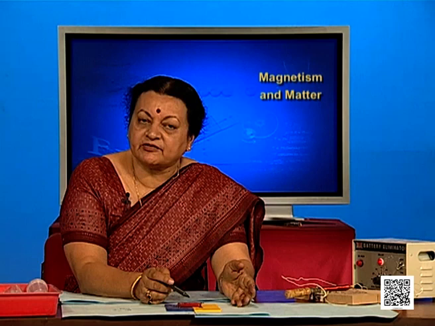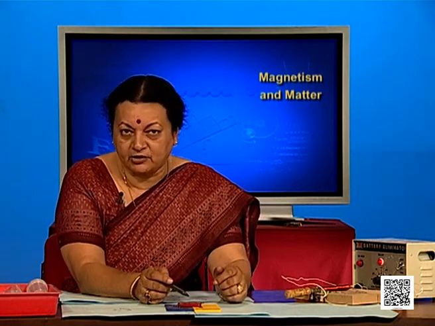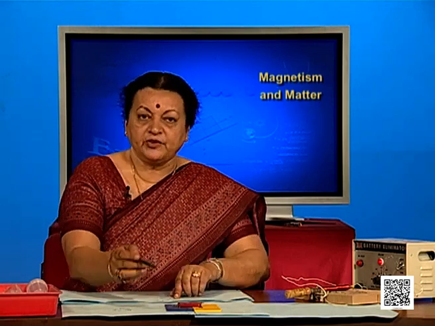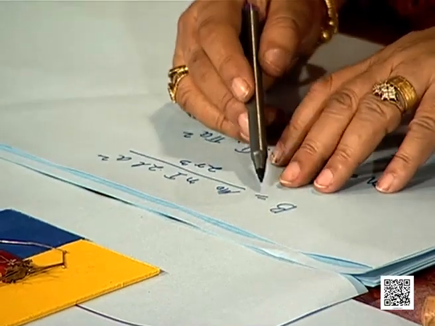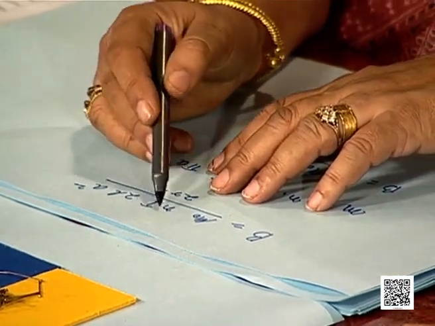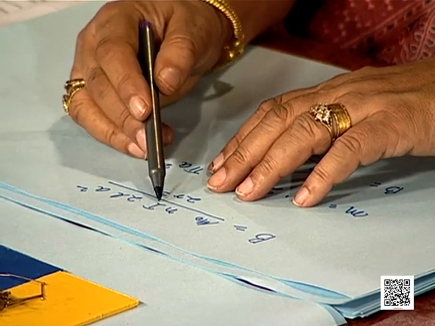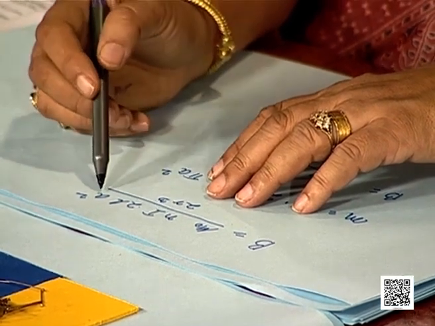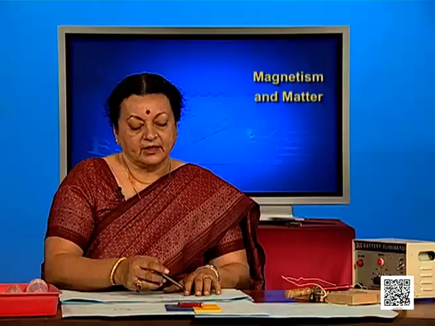So, our x value is very much less than r, and so is our L value less than r. We now get B equal to mu naught n I, being the total number of turns, and I the current, a squared upon 2 r cubed.